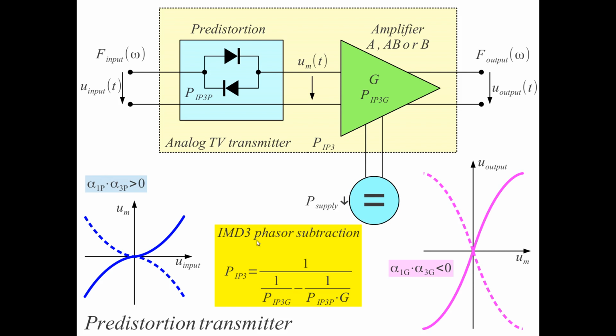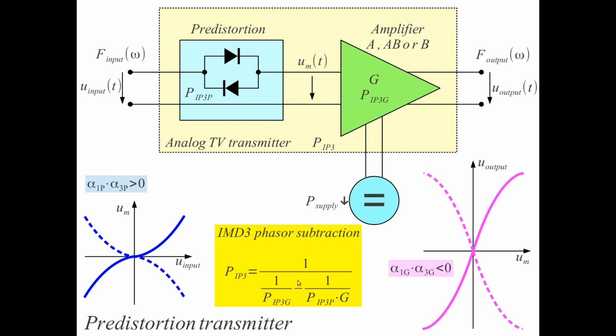So we do not have phasor addition in phase, but phasors that are totally out of phase, so we have phasor subtraction. And we can subtract these two terms in the calculation of the IIP3 of the whole chain, because this one has the opposite sign of the generated intermodulation distortion, so we get the minus sign here.